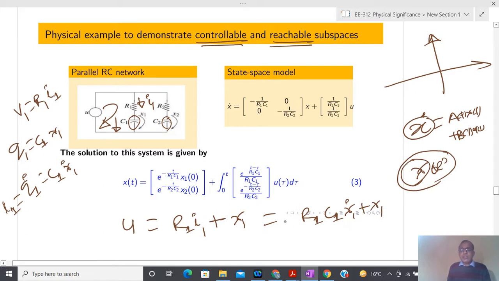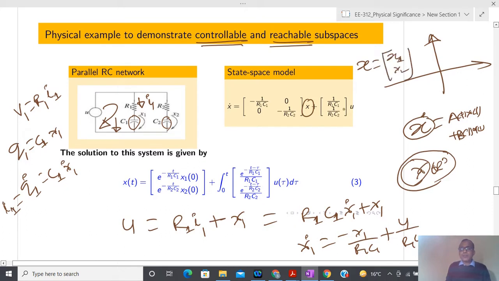If you rearrange it, X1 dot equals X1 by R1 C1 plus U by R1 C1. The same thing you can see here: X1 dot equals 1 by R1 C1 plus, and here X is X1, X2. There is no component of X2 involved here, so similar things here.